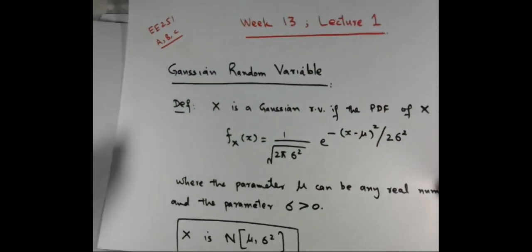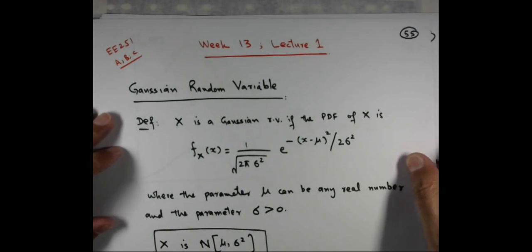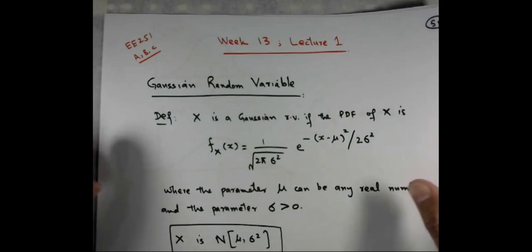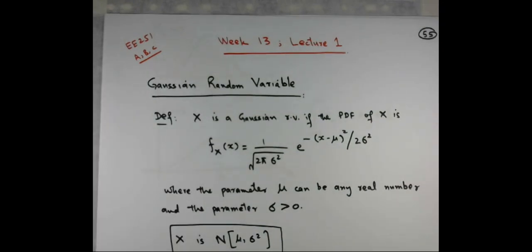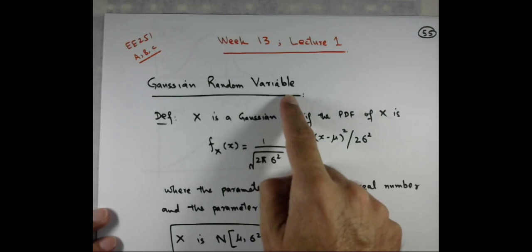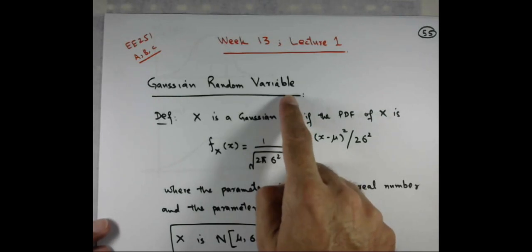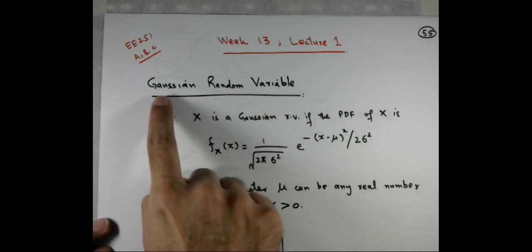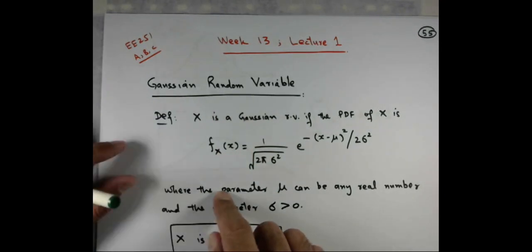This was lecture number 1 for week number 13 of the course Probability Methods in Engineering, EE-251, for all the sections A, B, C. We just discussed one family of continuous random variables, and this is the most important and most normally occurring of the families, Gaussian random variable.